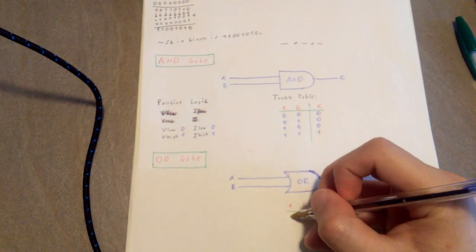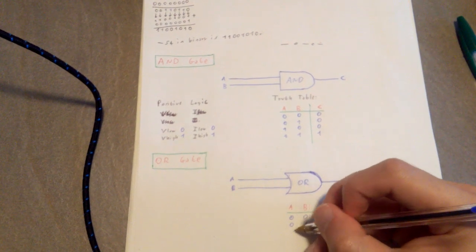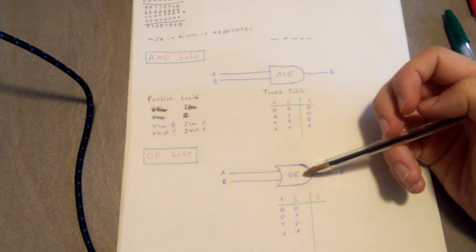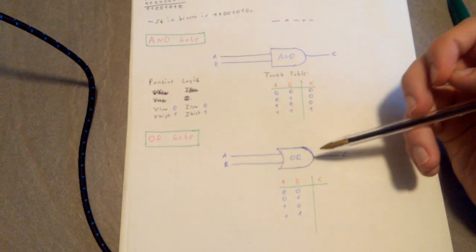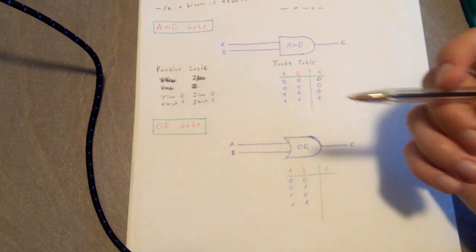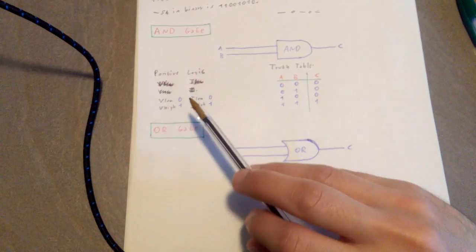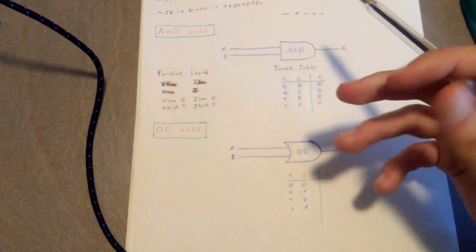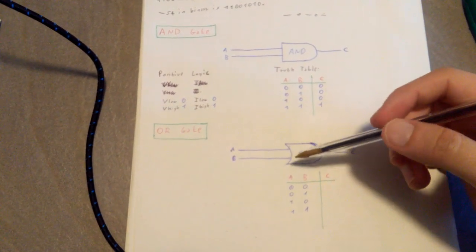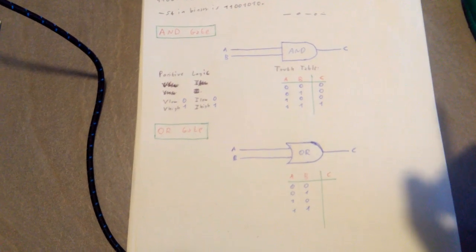I'm just going to do the same thing: 0, 0, 0, 1, 1, 0, 1, 1. Now OR is just going to say, okay, it's fine. It doesn't really matter for both of them to be at high voltage. I'm just going to let something go through if at least one of them has a high voltage.